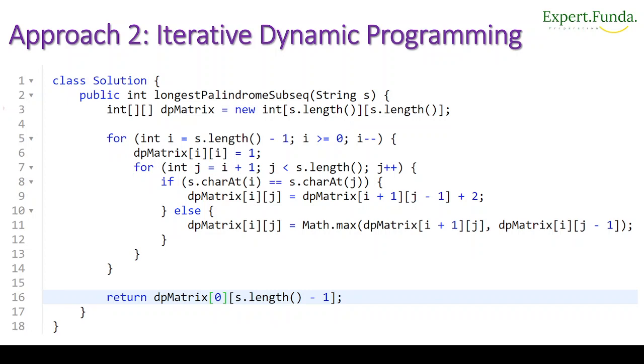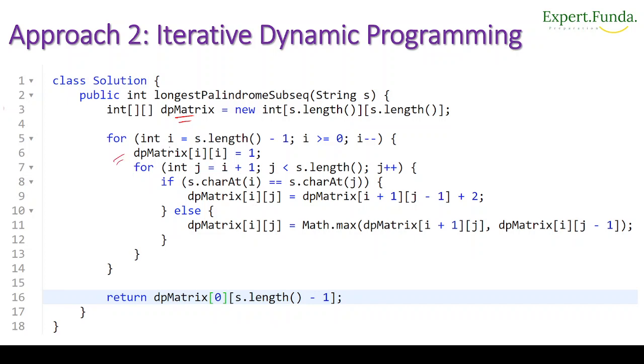So first, we build answers to the larger problems. Using the same problem as before, we will create a 2D array dp, where dp of i and j contains the answer of the longest palindromic subsequence formed by i and j in the string, which we have already seen. So here we are creating one dp matrix, and dp of i and j will store a value.